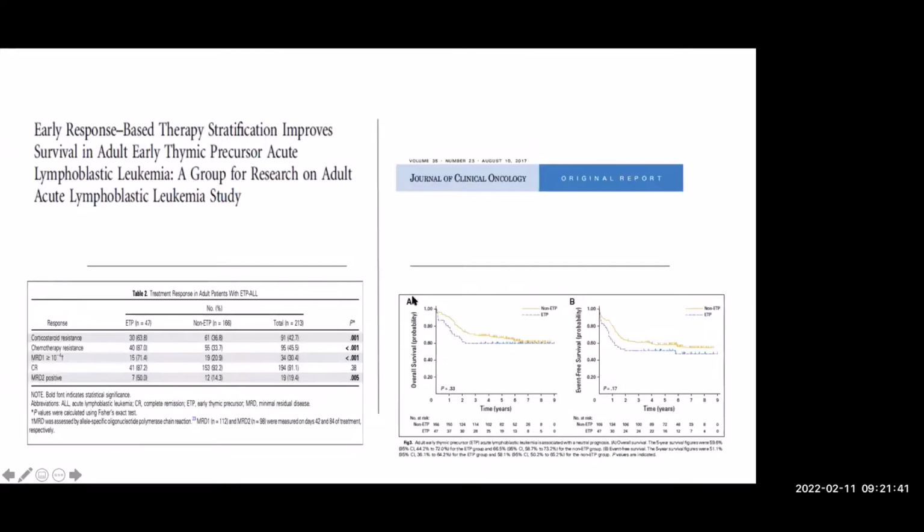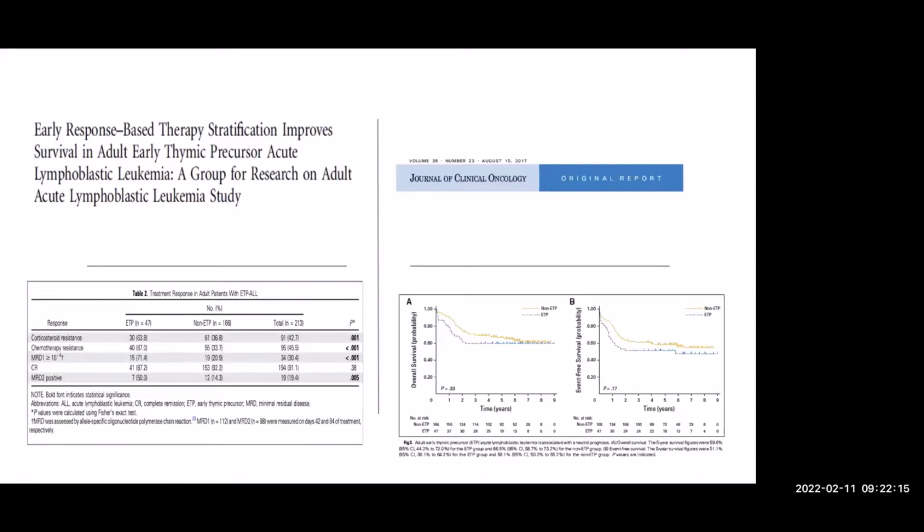So this study included the T-ALL patients, and the patients who had corticosteroid resistance, high rates of MRD at the end of induction, and lack of complete remission, who underwent allogeneic stem cell transplant. Upon subgroup analysis, they identified that the majority of these patients belonged to the ETP-ALL group, and looked at outcomes when the patients are censored at the time of allogeneic stem cell transplant.